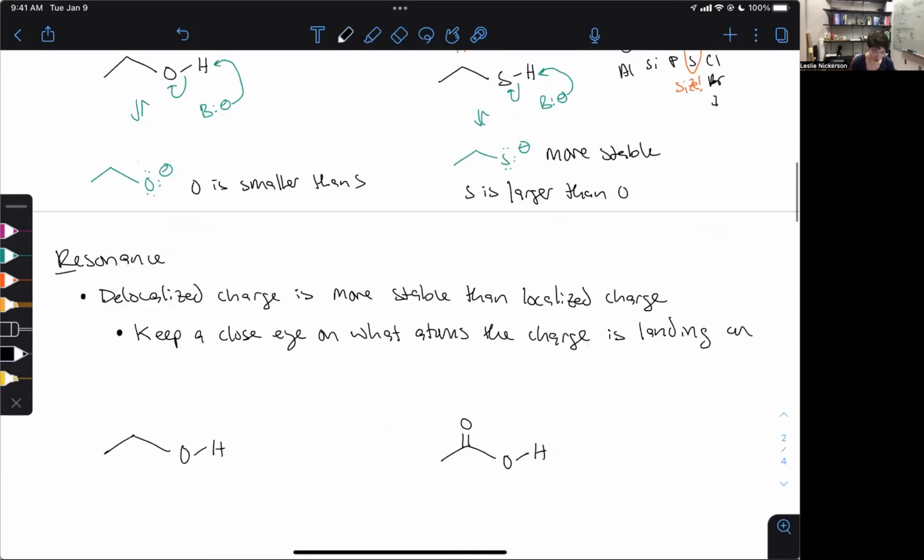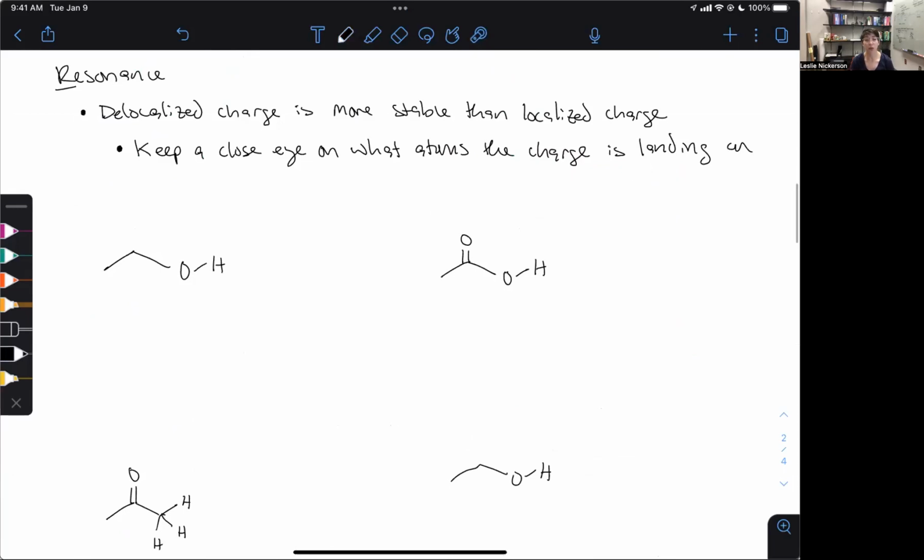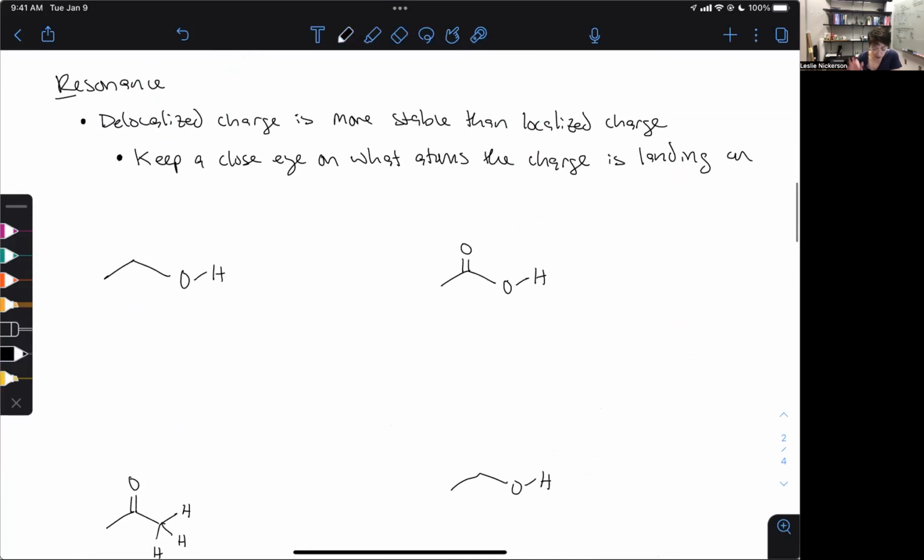Okay, so let's move on to resonance. For resonance, we're looking at delocalized charge. Remember, any delocalized charge is going to be a lot more stable than localized charge. But there is a caveat to this. You do need to keep a close eye on what atoms the charge is landing on, because as we've just talked about, the atom that the charge is actually on is incredibly important.